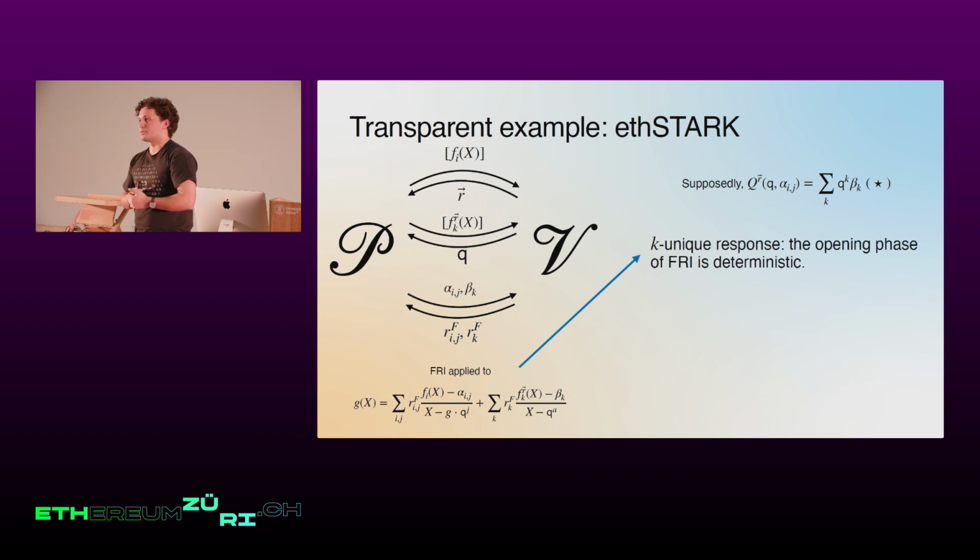So why does this protocol have unique response? Here the point is that we're going to wait until very, very late in the protocol when we open the points in FRI. This is done by essentially showing a path to the Merkle root of the Merkle tree you've committed your polynomial with.